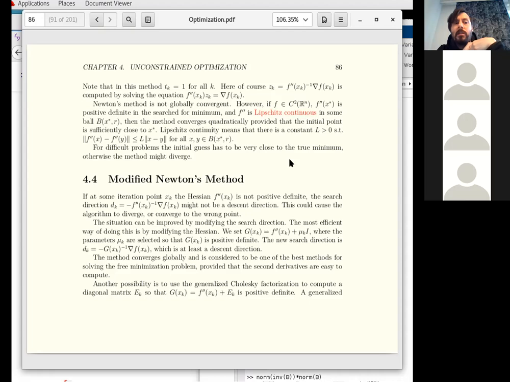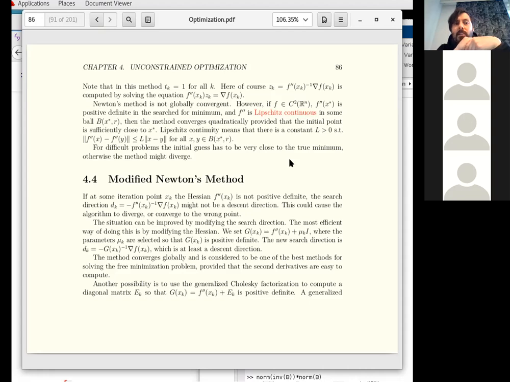Lipschitz continuity is an important concept needed elsewhere. It simply means that when we move from one place to another, there is a limit as to how big a proportionate change occurs in the function.